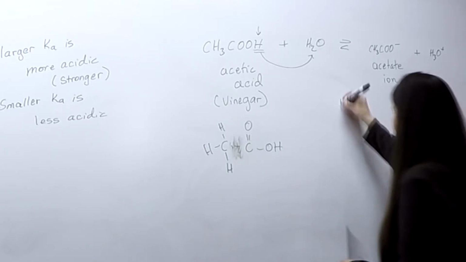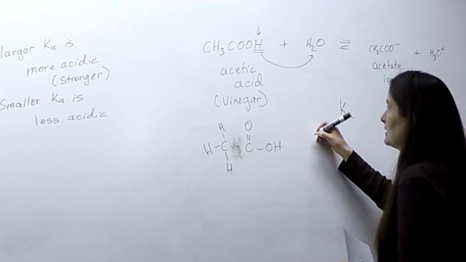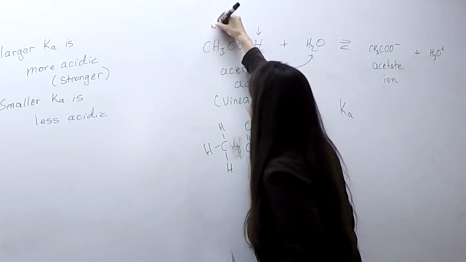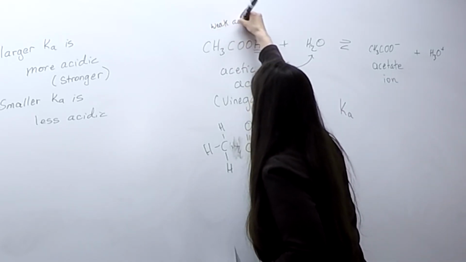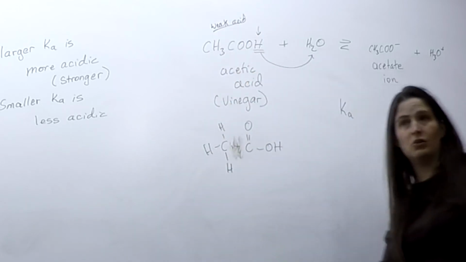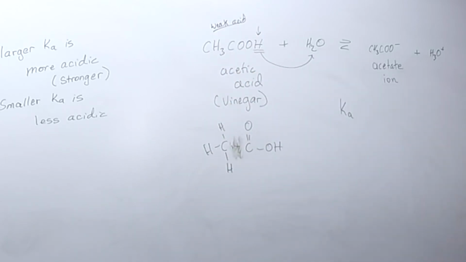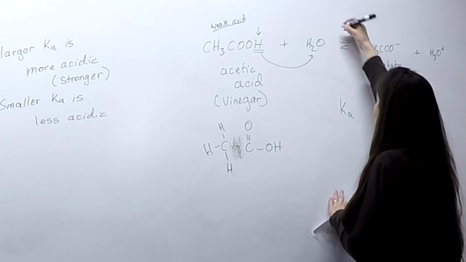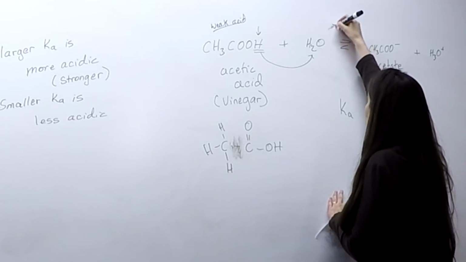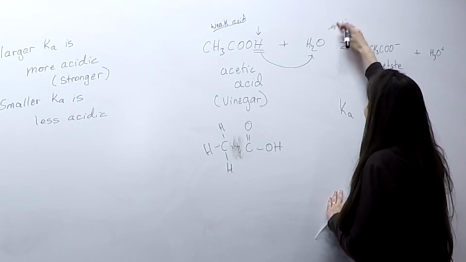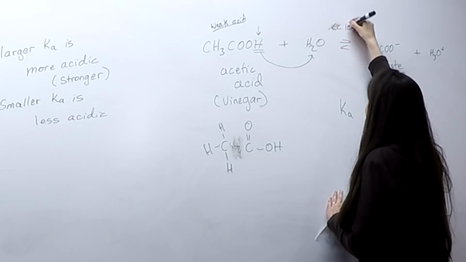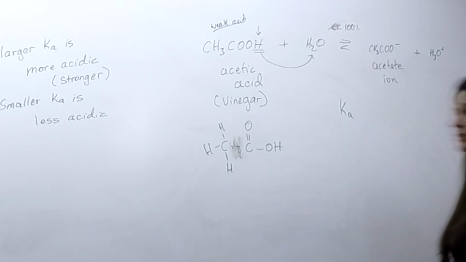All right, so if we want to know the Ka for this, this is a weak acid because it was not listed as one of our strong ones, so that's why I know that. It's not strong, so it has to be weak. So it has a Ka, it has less than 100% dissociation. Right, so we need to figure out the Ka.